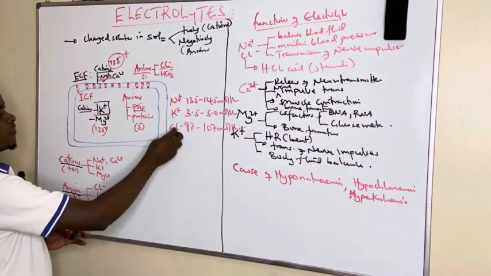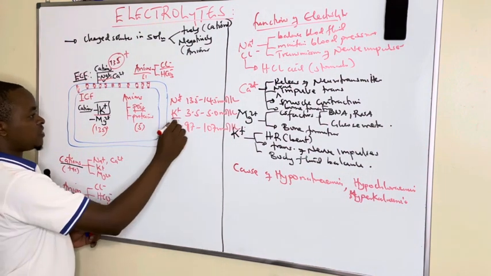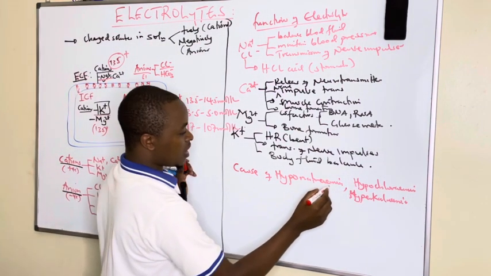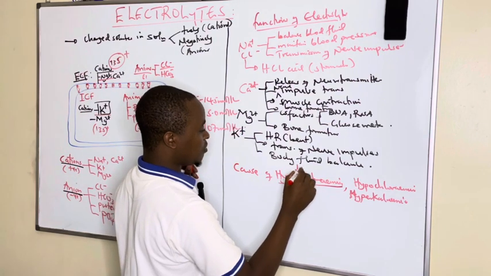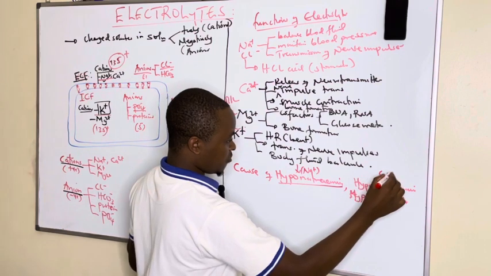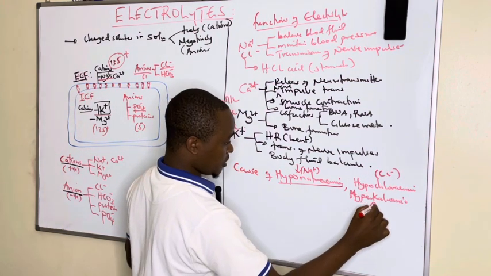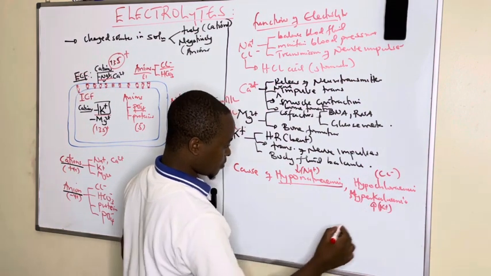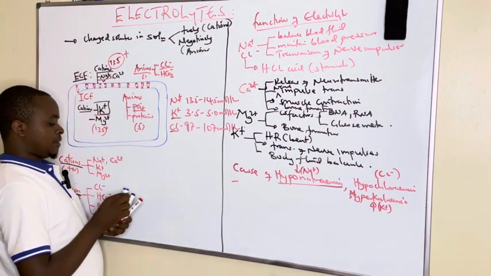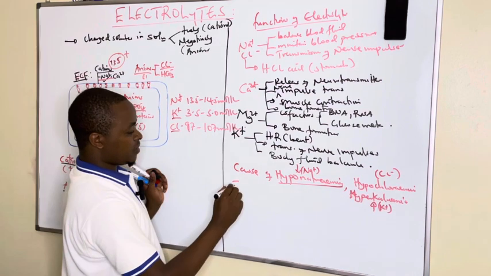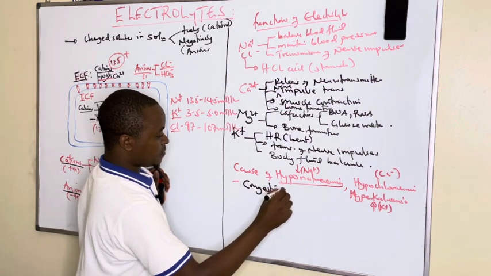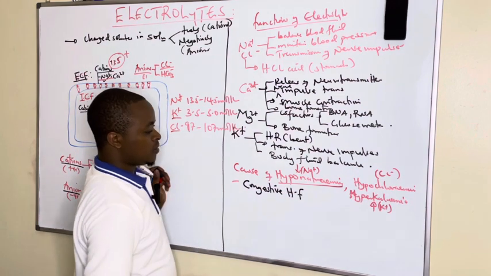After seeing the reference ranges of sodium, potassium, and chloride, we can look at the causes of hyponatremia, that is low levels of sodium, or low levels of chloride, or increased levels of potassium. What causes this? One of the causes is congestive heart failure.